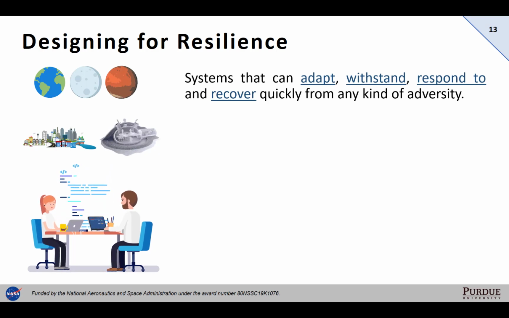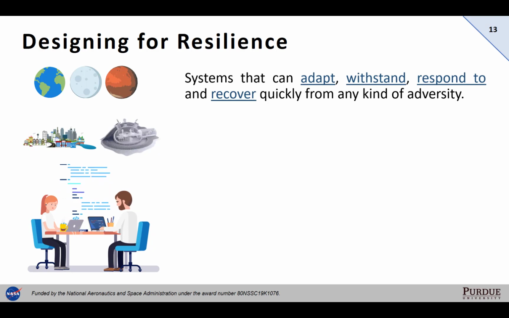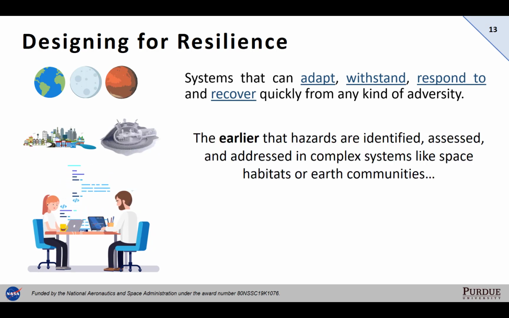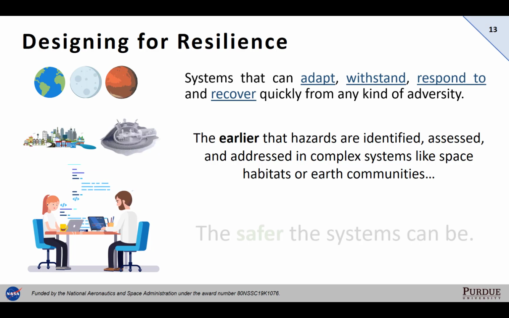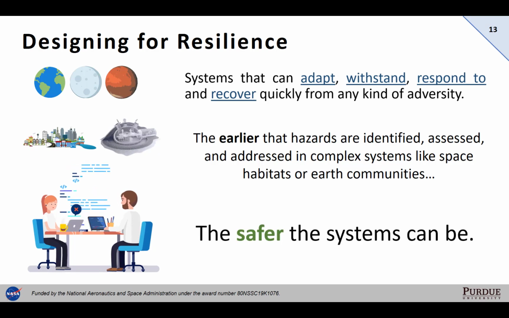We live in a complex world where we can contribute by designing resilient systems that will benefit a higher purpose. The earlier we start seeing the world through a resilience mindset, by addressing our potential threats in design, the safer our systems can be.